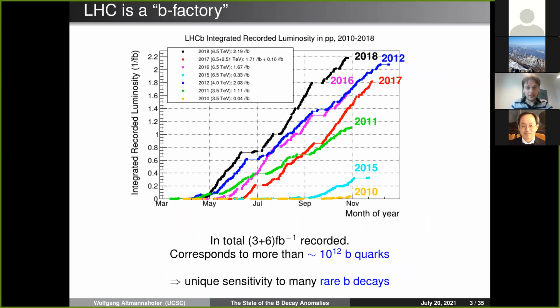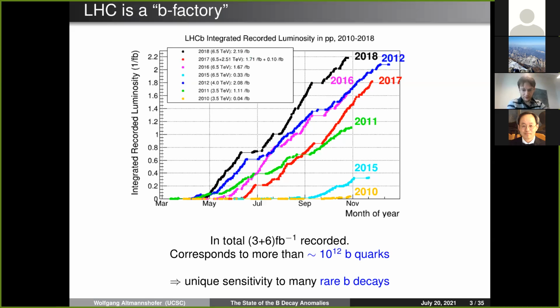On the experimental side, we have the LHC, which is a B factory. What is shown in the plot on this slide is the integrated luminosity recorded by the LHCb collaboration, and the data that they have accumulated so far is something like 9 inverse femtobarn in total, or roughly 1 inverse femtobarn at 7 TeV, 2 at 8 TeV, and then 6 at 13 TeV.